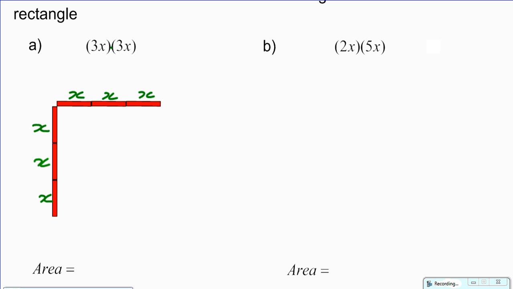Okay, and so then we need to think, well, what kind of tiles are made when you have a length of x and a width of x? A length of x and a width of x makes an x squared tile. And so then if we look again, a length of x and a width of x, that makes another x squared tile.